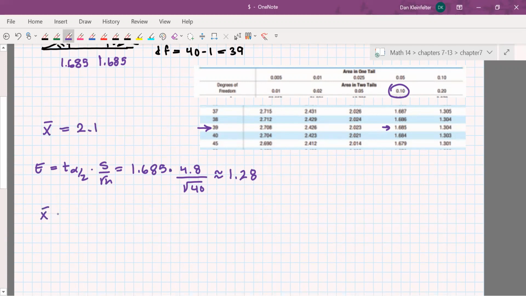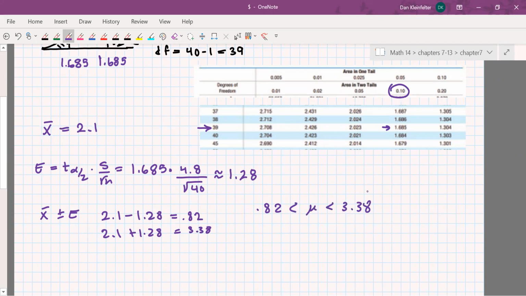So we'll take the sample mean plus or minus that E we calculated to produce the confidence interval. So 2.1 minus 1.28 and 2.1 plus 1.28. All right, so it looks like our interval is 0.82 up to 3.38.